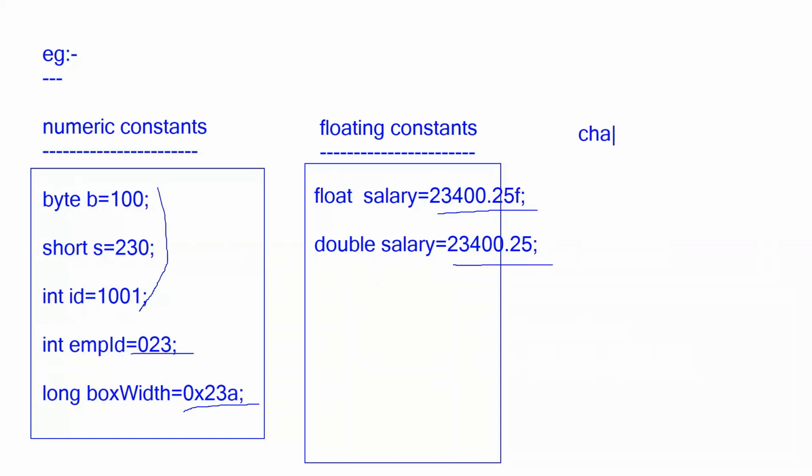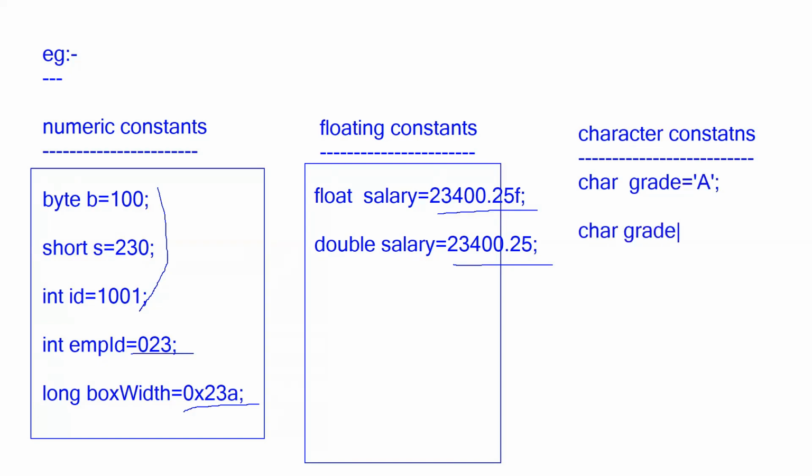Then we have something called character constants. The character constants can be stored into character variables like this: char grade equal to 'a' and char grade equal to 65. It will work. Why? Because this is also considered as a character according to Unicode characters. Same way we have something called logical constants.